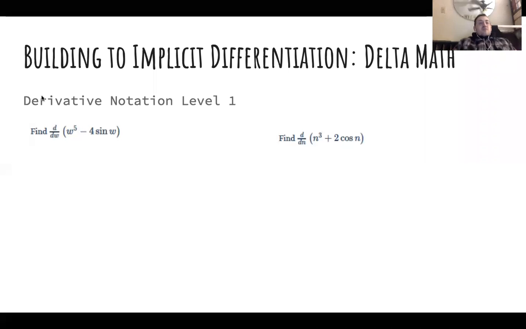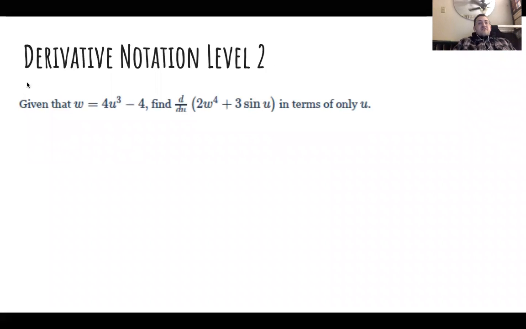The next thing that we're going to build to is derivative notation level 2. What it's asking us to do is take the derivative of 2w to the 4th plus 3 sine of u in terms of only u.